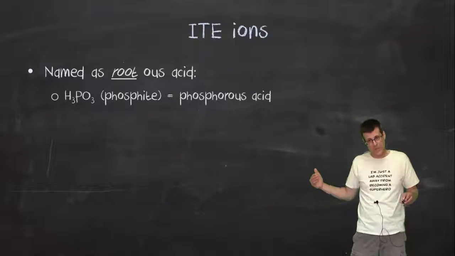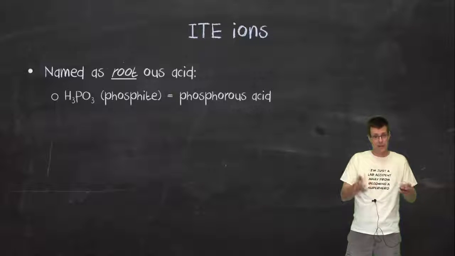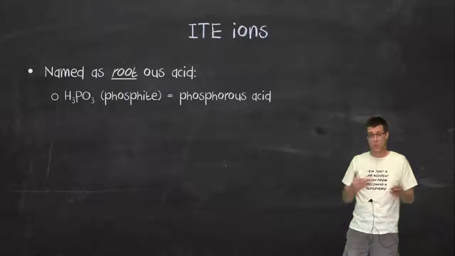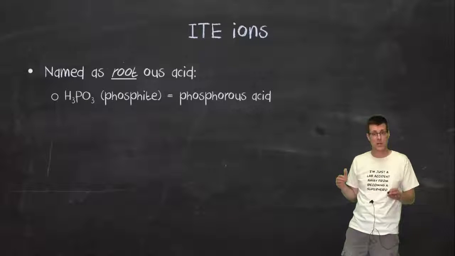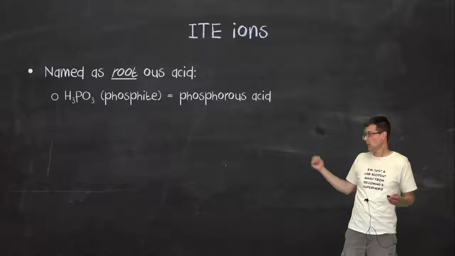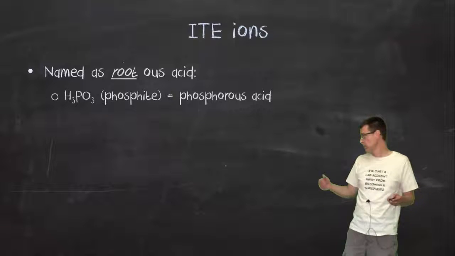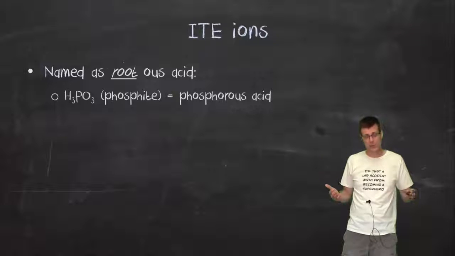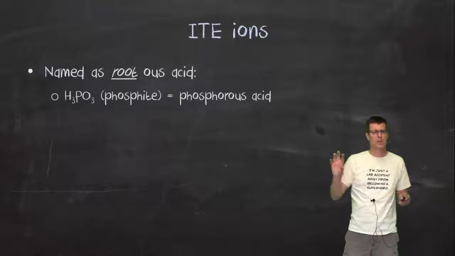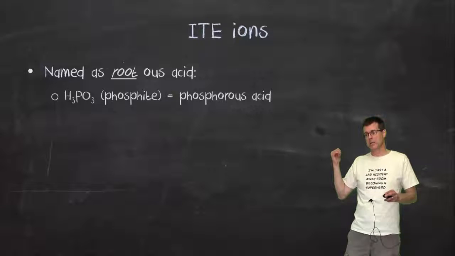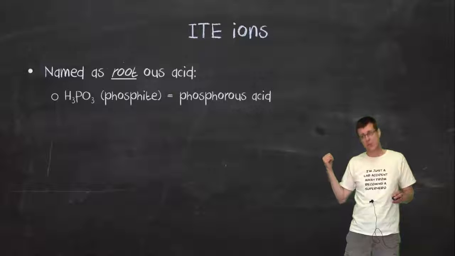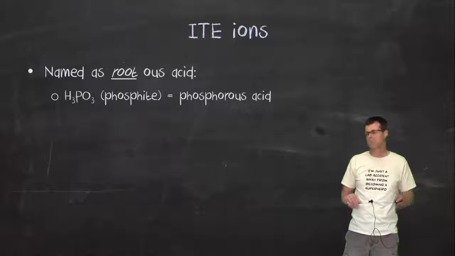So phosphite ion, as an acid loaded up with hydrogen, would be phosphorous acid, and much like sulfuric acid, I've brought an extra syllable back in, so instead of just phosphous acid, which doesn't sound very good, we've added the OR sound back in, phosphorous. Similar would be true for the sulfite, and on the previous example if I'd used phosphate. So we'll deal with it in class if that doesn't make sense.